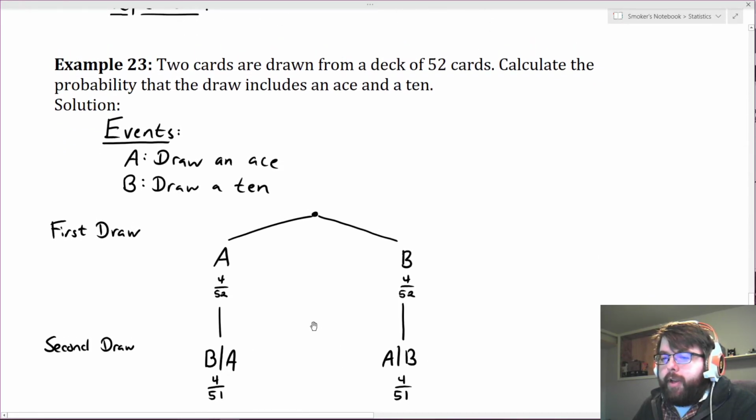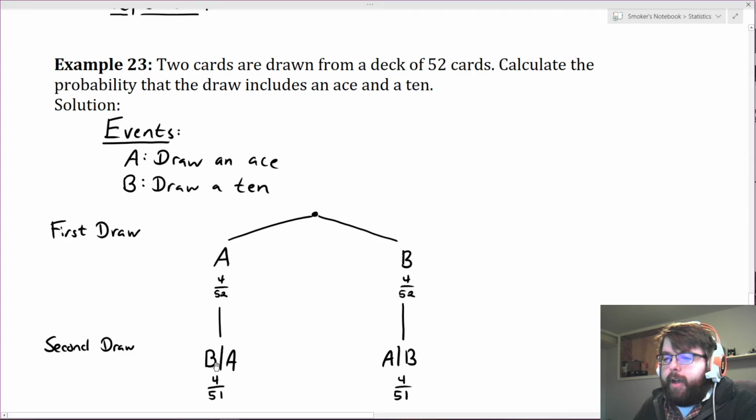However, the probability of the second draw is going to be different, because if you want to draw a 10 on the second draw, there's only 51 cards left. Once you draw an ace, you have one less card in the deck. But there's still 4 10s left.